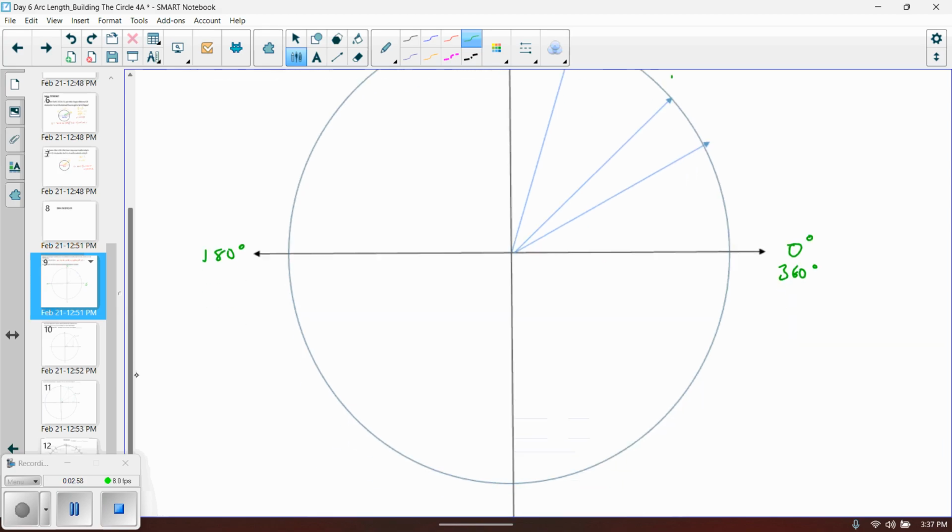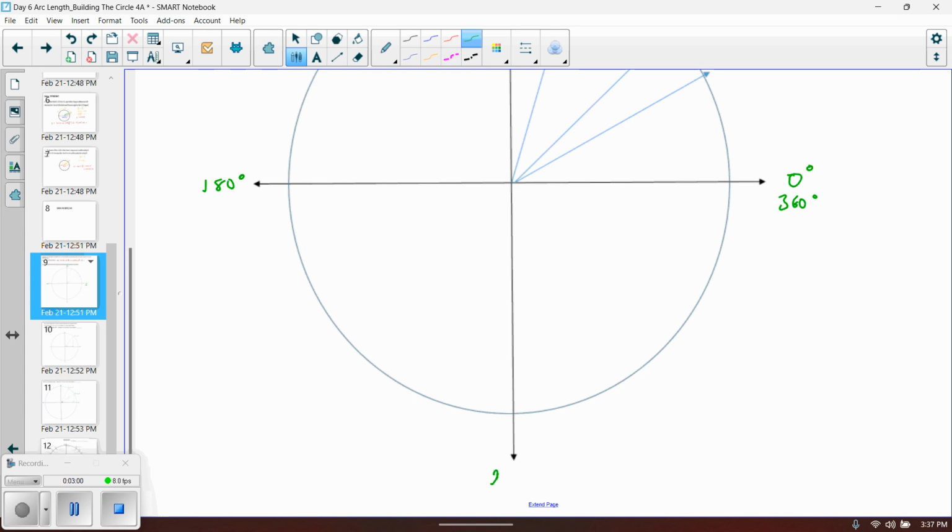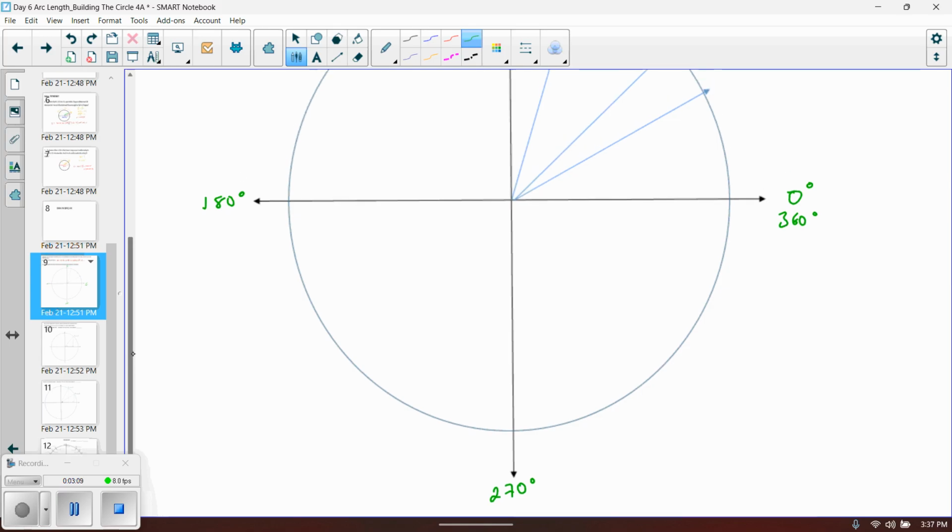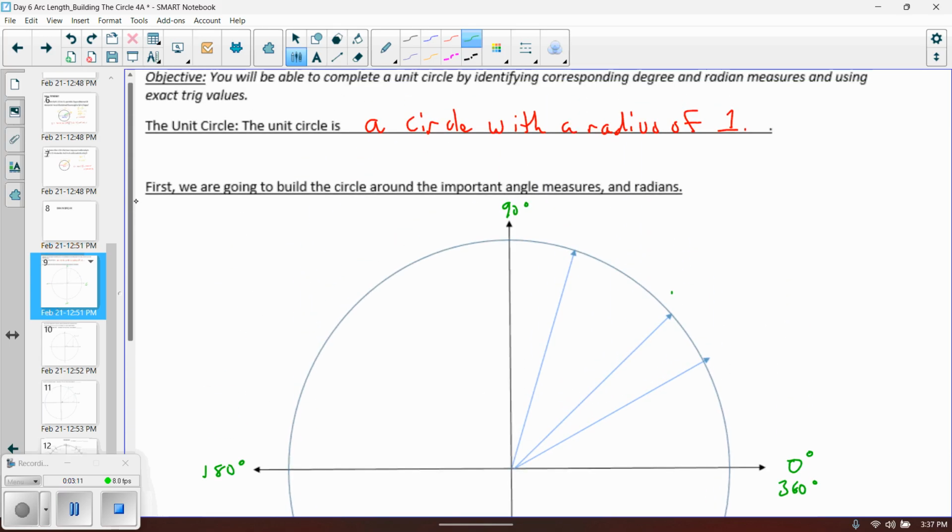The one down at the bottom here would just be adding another 90, which would be 270. And then if you add that extra 90, that would get you all the way back to the 360. So those are what are called quadrant angles, I'm just going to call them that. Those are the angles that are created by the x and the y axis.